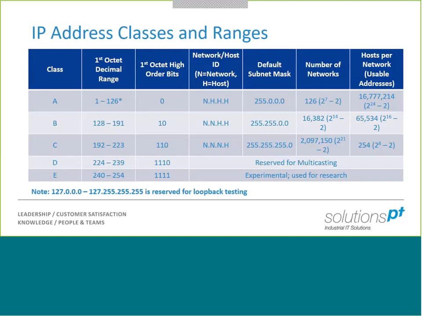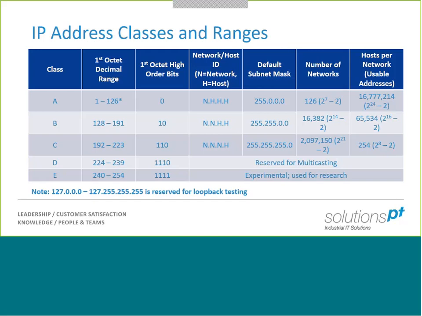It's not, no. IP address classes and ranges, Ed. Okay. So this table shows us the traditional IP address classes. We go through these just to explain how things used to be. These classes were designed to give us different size networks.